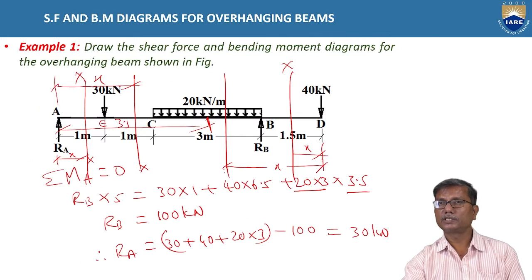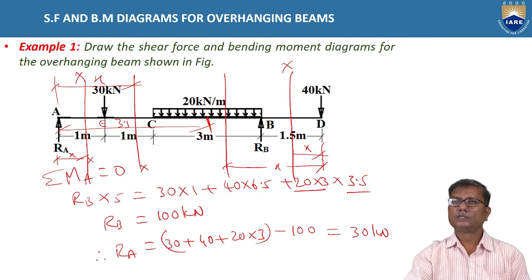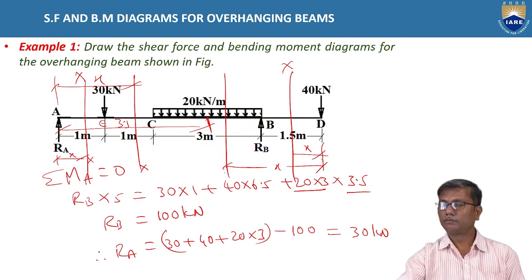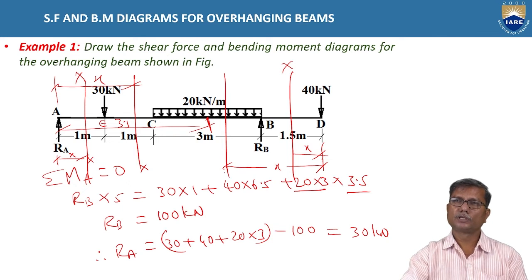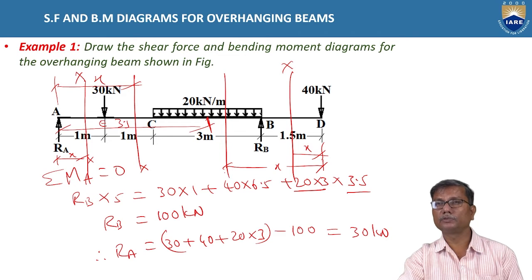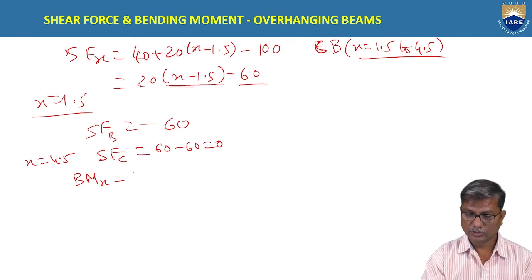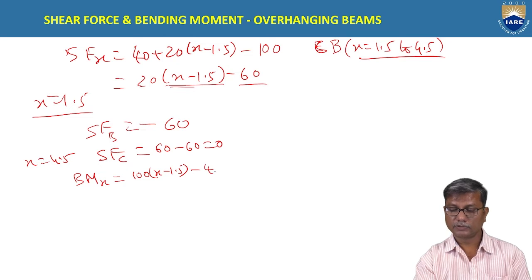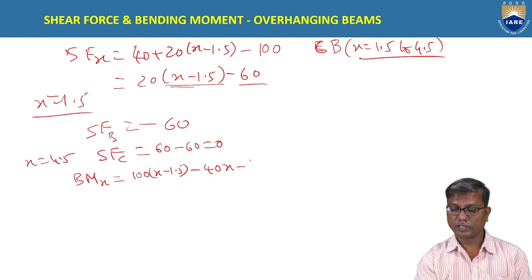So what are the forces acting now? Bending moment at X is RB into X minus 1.5, that is positive sagging bending moment, minus 40 into X, minus 20 into X minus 1.5 into X minus 1.5 by 2. Okay. So RB 100 into X minus 1.5 minus 40 into X minus 20 into X minus 1.5 square by 2.